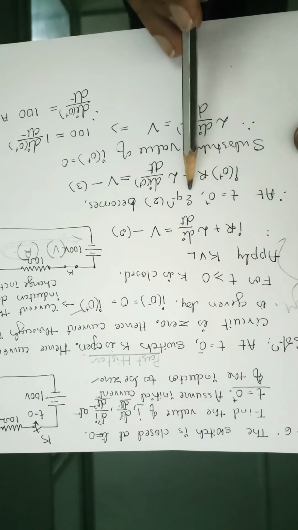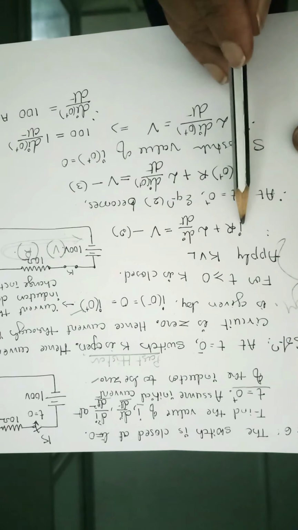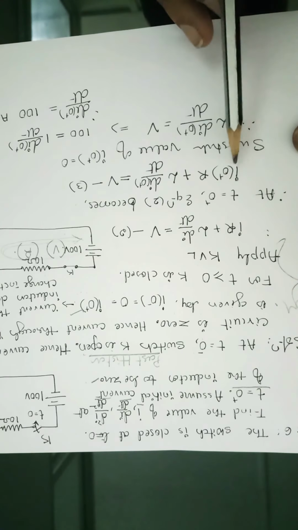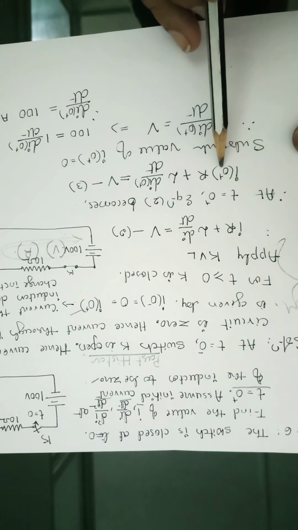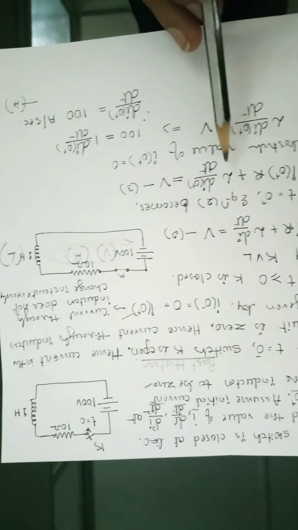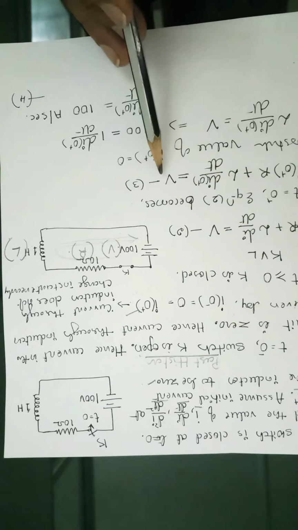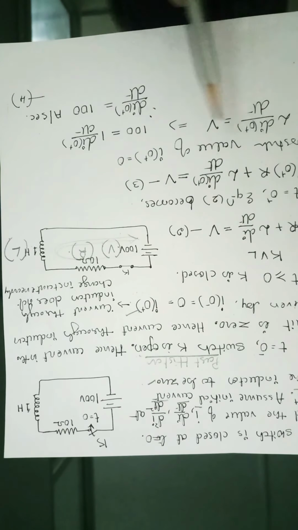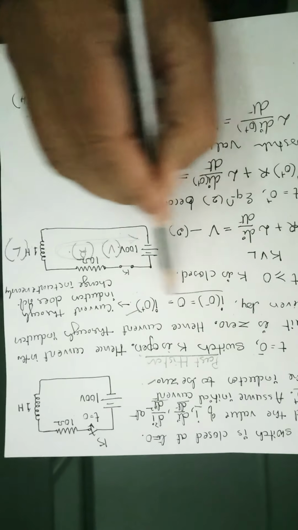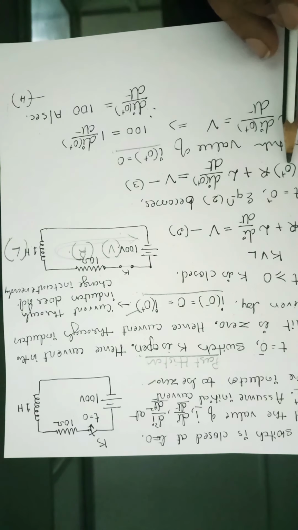At t equal to 0 plus, equation 2 becomes, wherever the i is there, substitute i(0 plus), that indicates the current at 0 plus. Thus i(0 plus) into R plus L di(0 plus)/dt is equal to V. Substitute the value of i(0 plus), which is evaluated over here, that is 0.